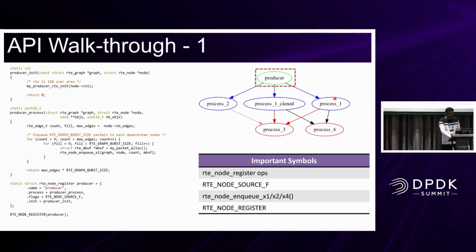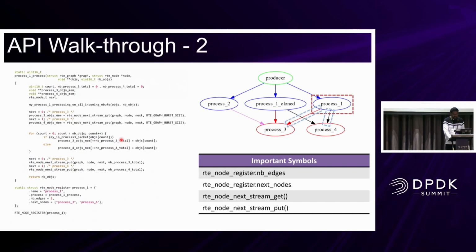So two things to highlight here: one is the registration API and the means to push the mbuf data pointers to the downstream. The enqueue is one way of doing it. In the coming slides, I will explain other ways to do it. So moving to the next slide.